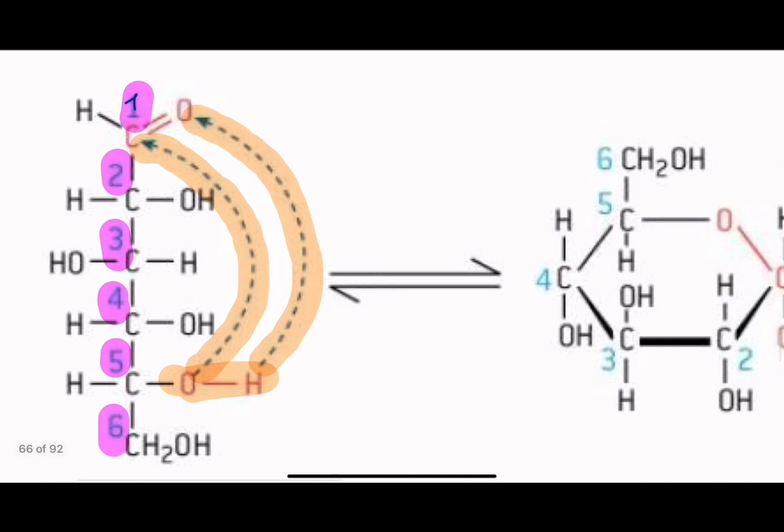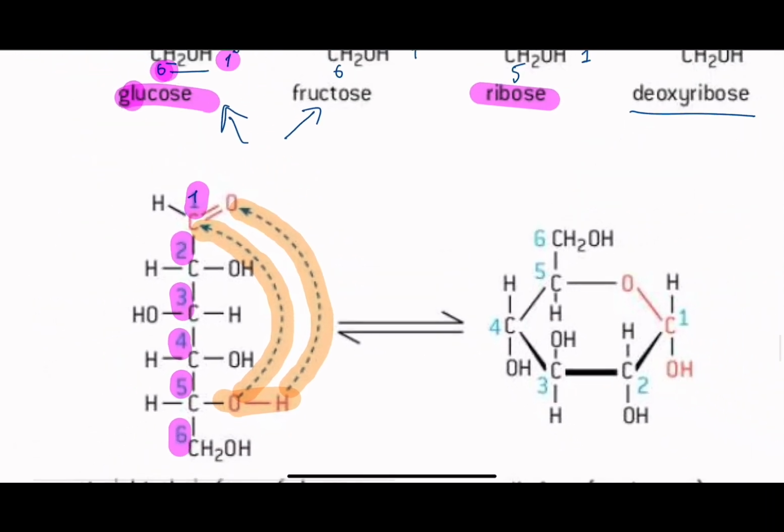If I write the semi-structure of this, you see this carbon up top? It will look like this: the first carbon, then second, third, fourth, fifth, and then the sixth one is here, CHOH. The other ones just stay the same.